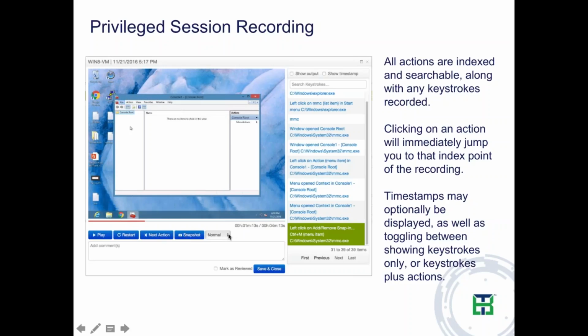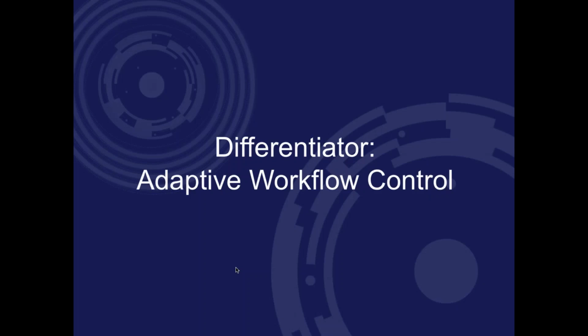You have the ability to change your replay speed. And then also, very importantly, especially if you're banking or financial, we've got the ability for you to add comments to it, and you can even mark it as reviewed. So when your SAT 70 audits come up, you can go back to your auditors and say, look, here's what my users have been doing. I've gone in, my managers are doing their due diligence and they're checking these recordings on a regular basis.